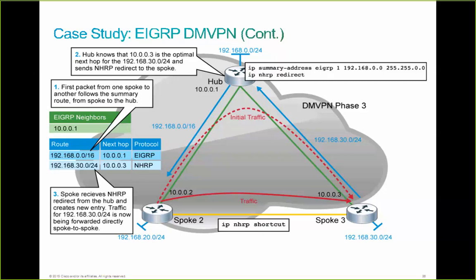The initial packet is then forwarded to the hub router, which then forwards it on to spoke 3. All right? Now that sounds very much like EIGRP with DMVPN Phase 2 without the no next-hop-self configuration. So the question then remains, why is Phase 3 better than Phase 2?